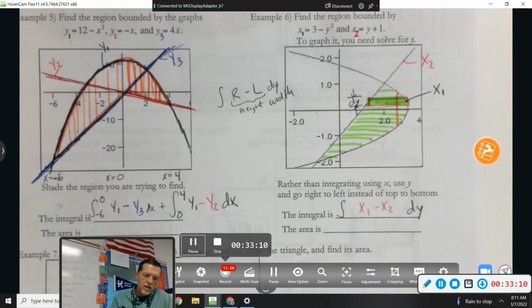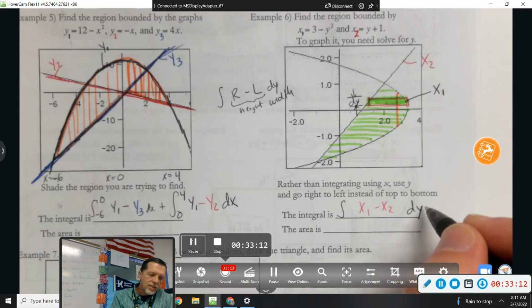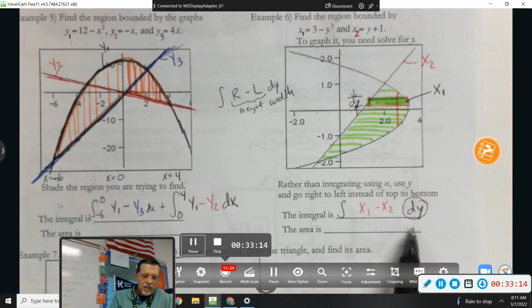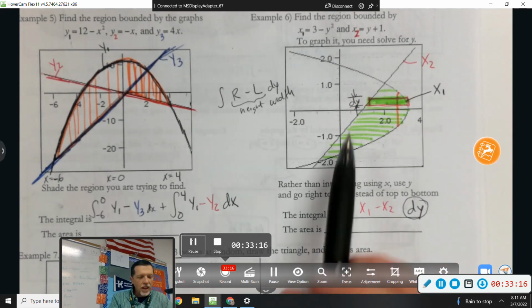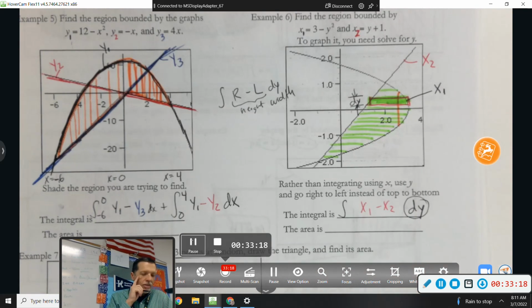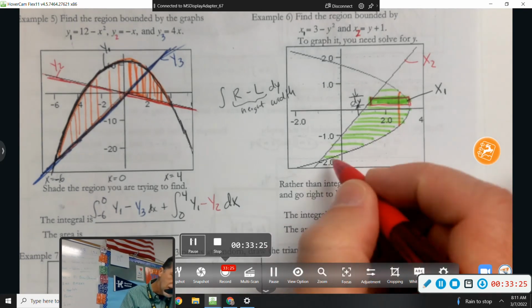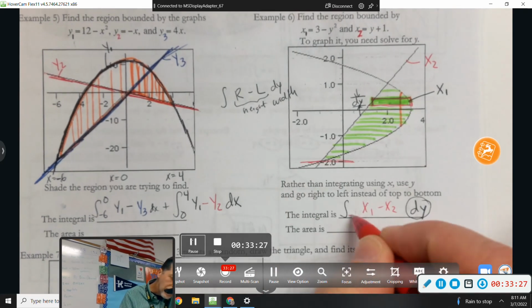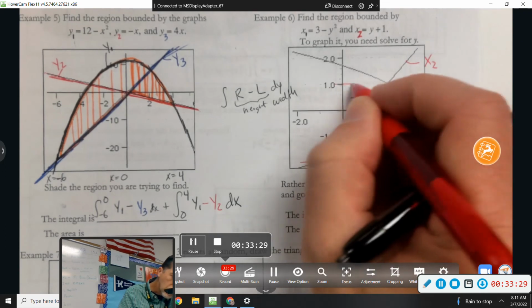And now my limits, since we're taking y rectangles instead of x rectangles, my limits need to be y limits. So my limits need to go from -2 up to 1.